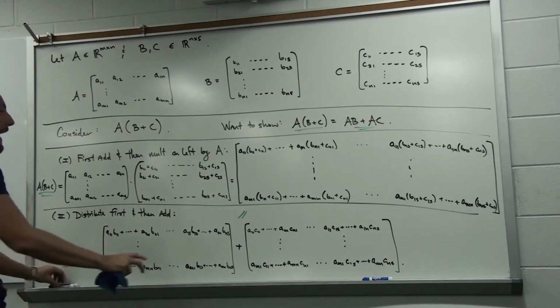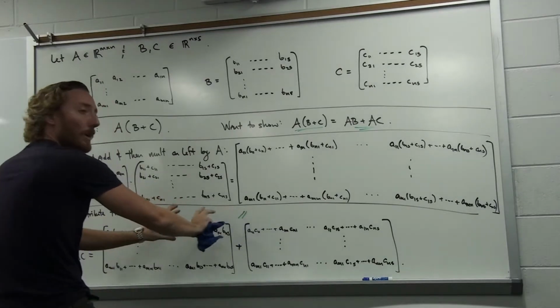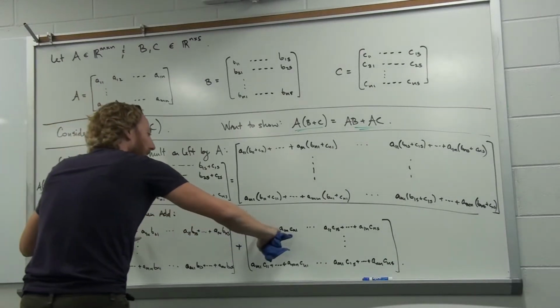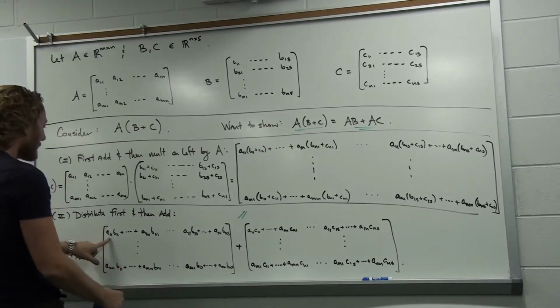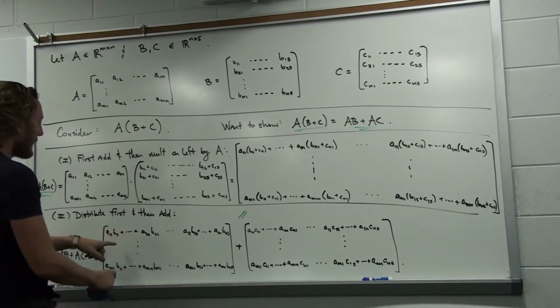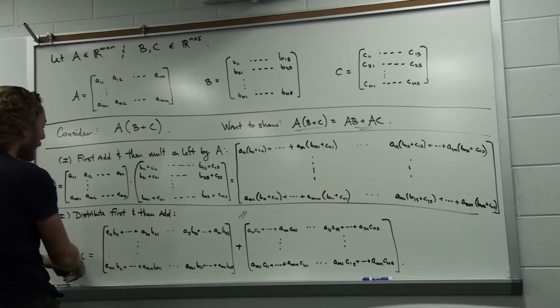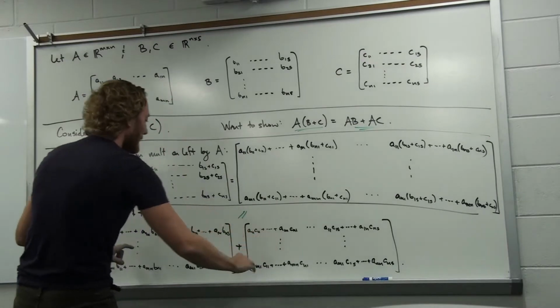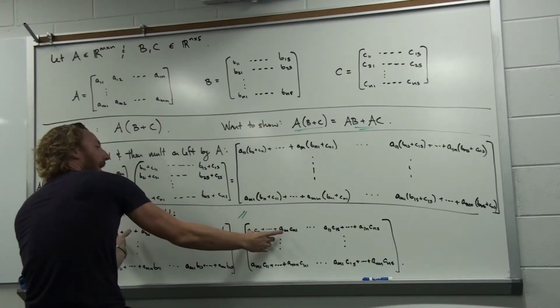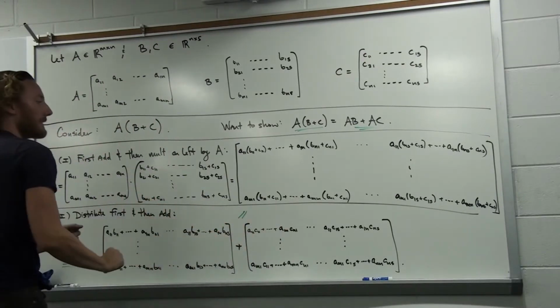Because when you add these two matrices together, what are you going to do? You're just going to take the entries in each corresponding position and add them together. And what you notice is every entry in the 1-1 position of AB and the entry of 1-1 AC, they all have the same A's with corresponding C's and B's.